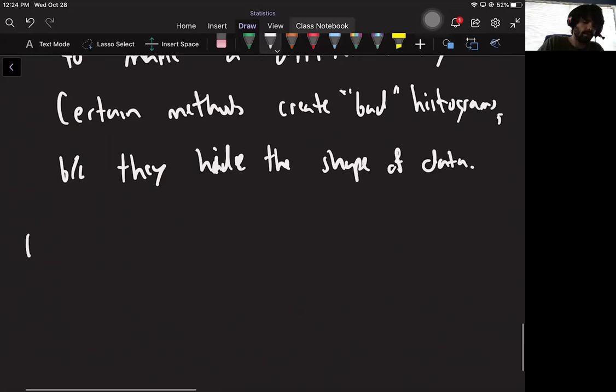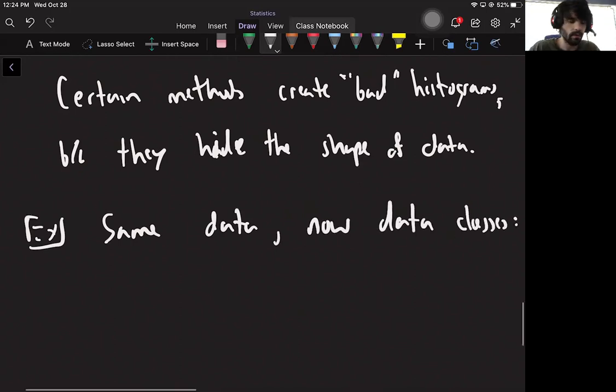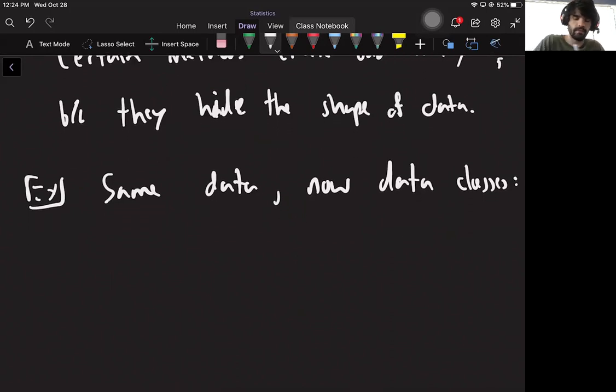Okay, so here's an example using the same data. Now we'll make different data classes. We're only going to have 3 data classes. 6 and 7 are now going to be together, 8 and 9 will be together, and 10 and 11 will be together.